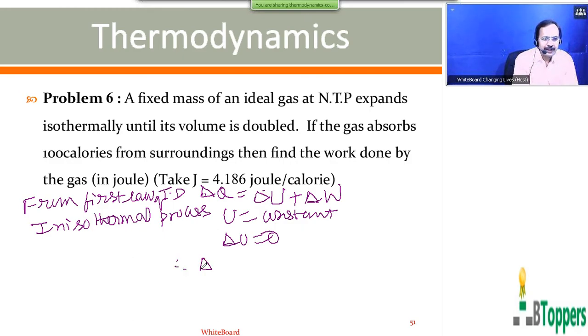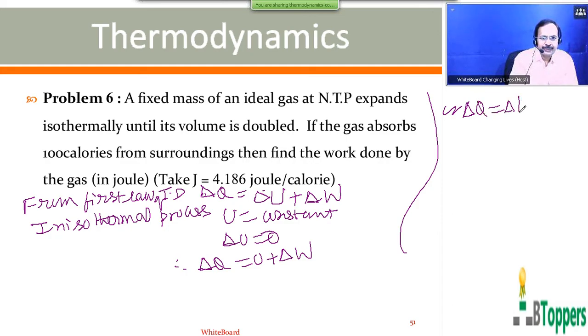Therefore, delta Q is same as delta W, or delta W is same as delta Q.